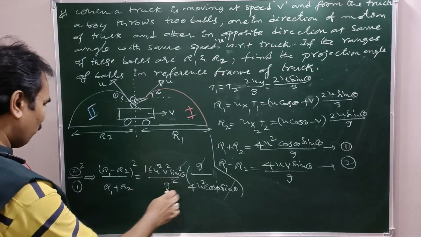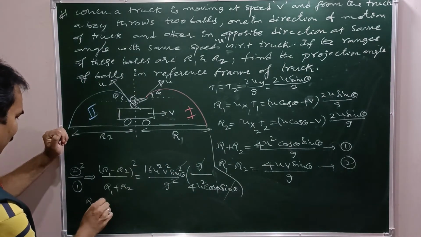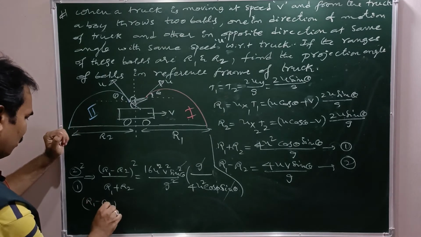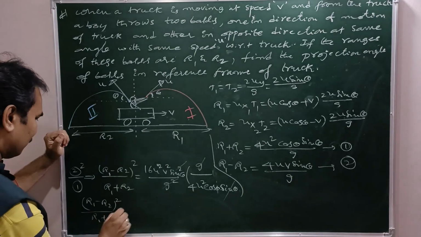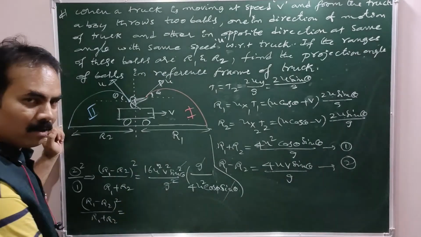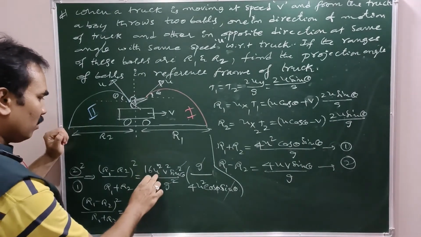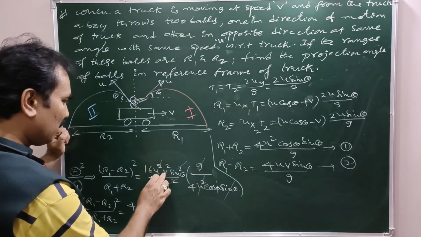So 16 by 4 is 4, u square cancels, and we are left with v square.